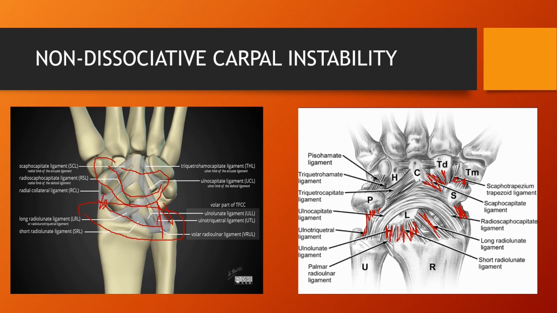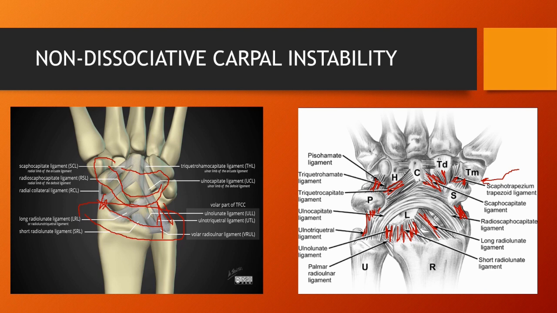And here is a pisohamate ligament and a triquetrocapitate ligament. And these are ligaments that span the articulations between the proximal and the distal rows. So you can see that with an injury here to these ligaments, we're going to have a dissociation between the proximal and the distal row of carpal bones.